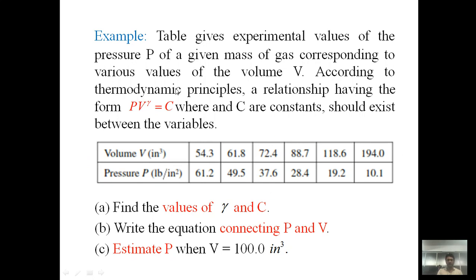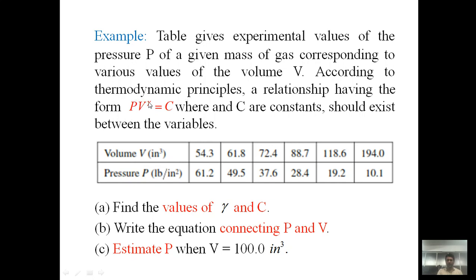According to thermodynamic principle, a relationship having the form exists. Now we have to follow this thermodynamic principle, and in thermodynamic principle we know that the basic relation between pressure and volume is given by this standard equation.